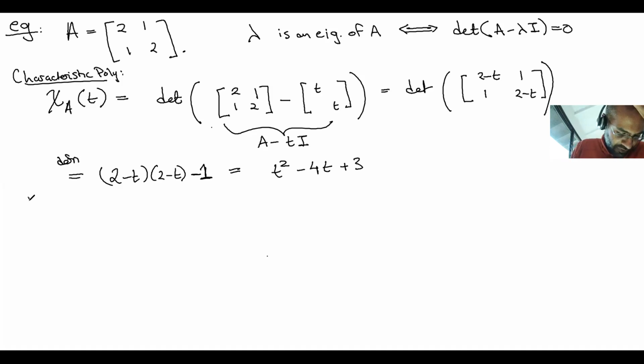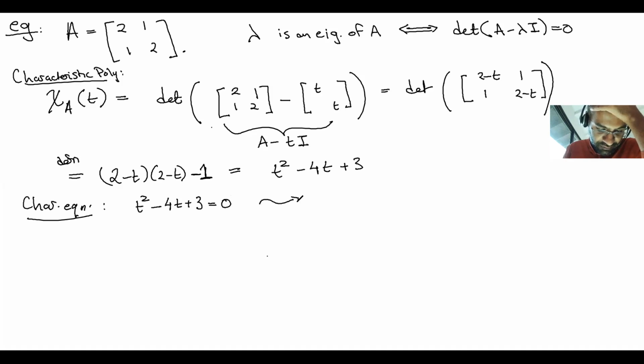And so what's the characteristic equation? Well, you set this to be 0. And well, we know how to solve that, right? So 4 plus or minus the square root of 16 minus 4ac, that's 12, over 2.